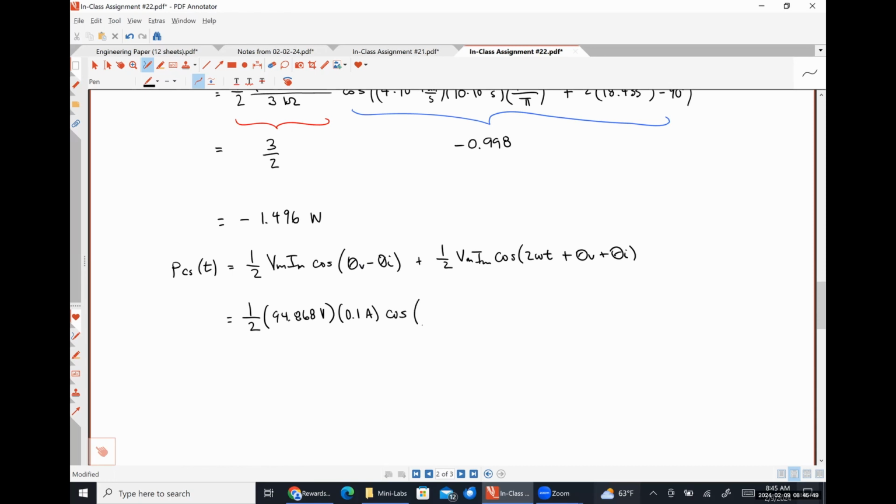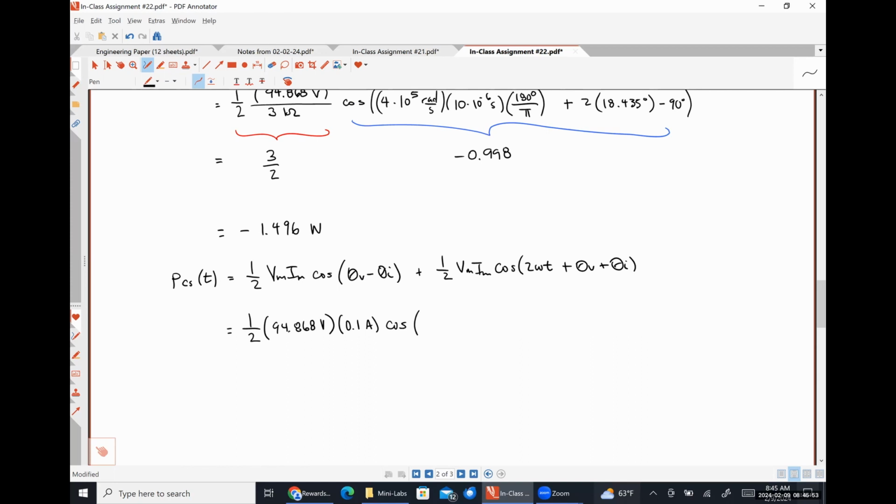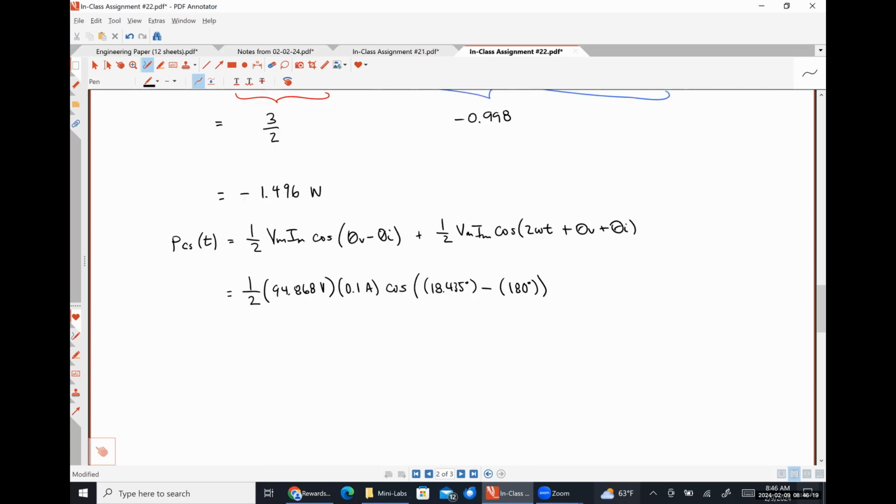Then I'm going to have the cosine of 18.435 minus 180 degrees. And again, just to be clear, that 180-degree phase shift is just because we're calculating absorbed power for the source, not supplied power. If we were calculating supplied power, we could have left that phase angle at 0 degrees.